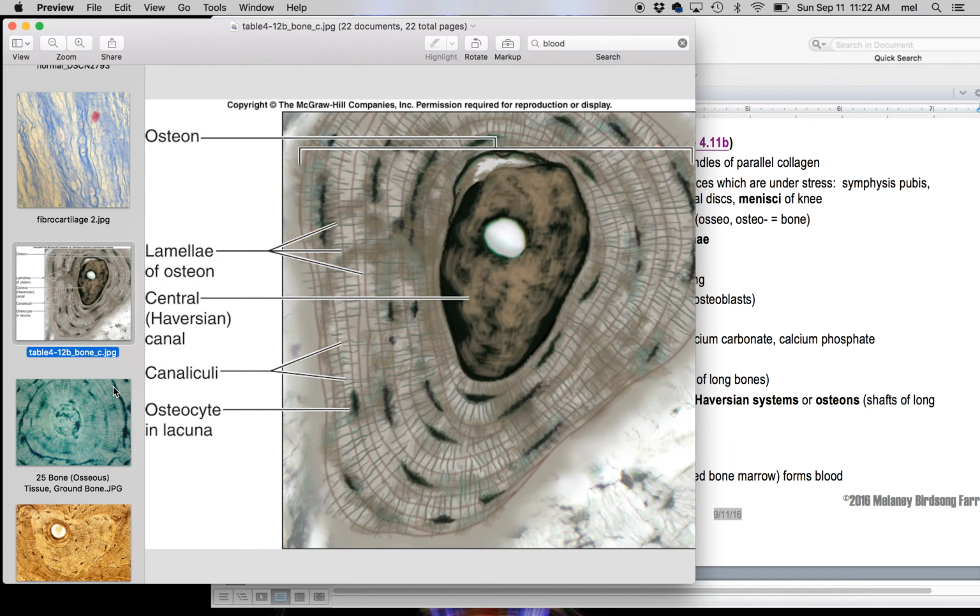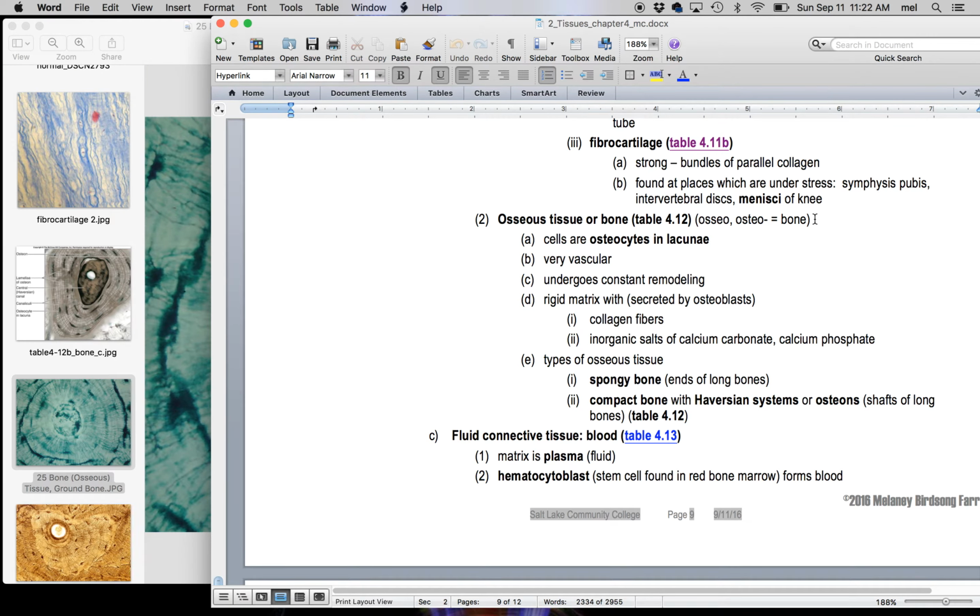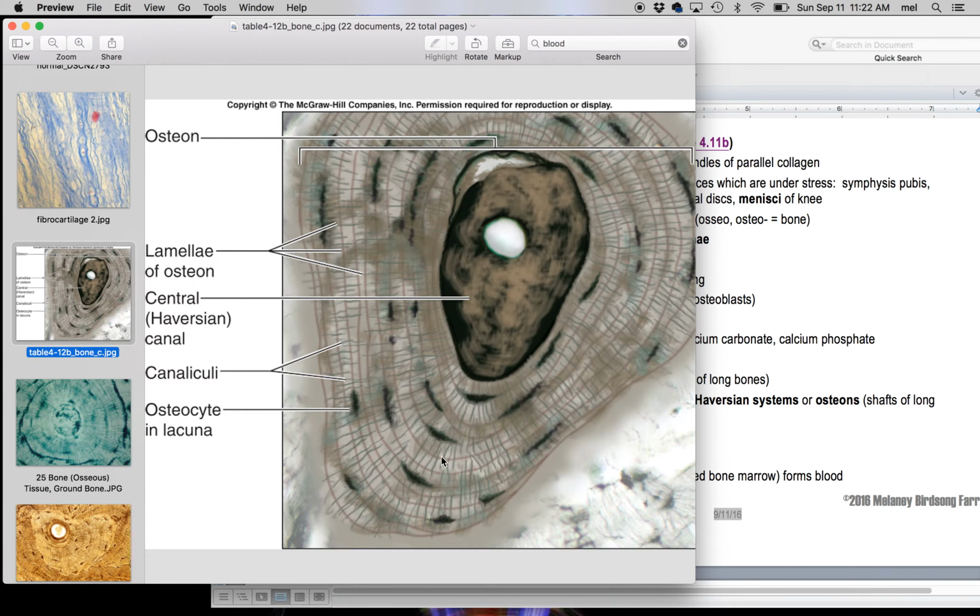There's actually 2 different types of bone tissue, compact bone and spongy bone, and we won't learn spongy bone until we get into the bone chapter, which is next. So compact bone is the tissue that you are going to have to label the most on. But let me describe to you what you're looking at.